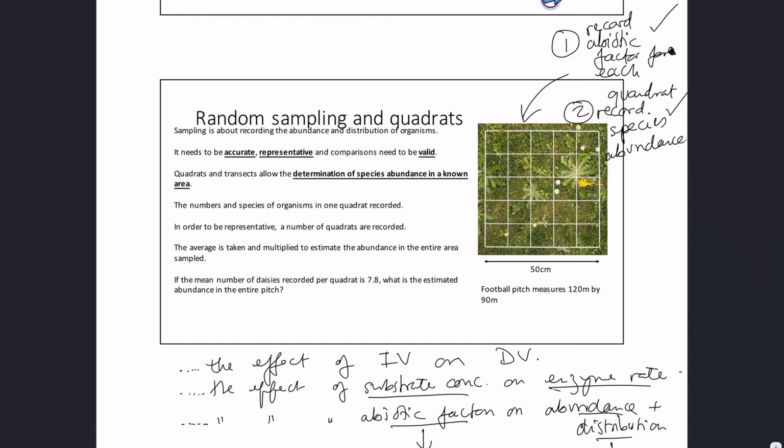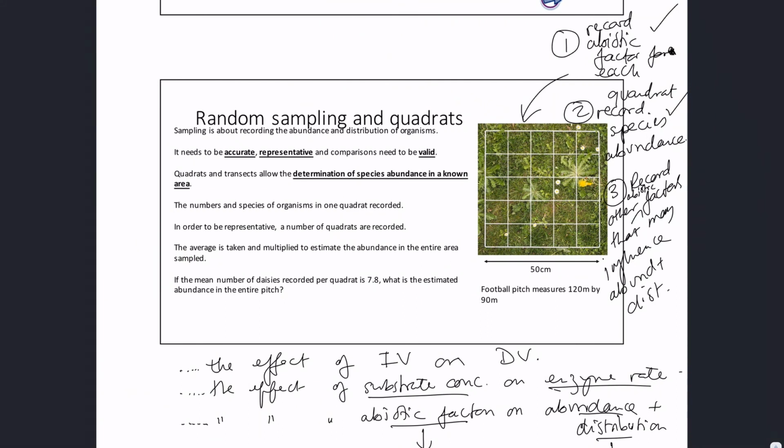And three, you must, if possible, record other factors, any other abiotic factors that may influence the abundance and distribution.